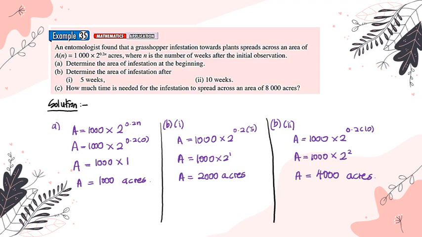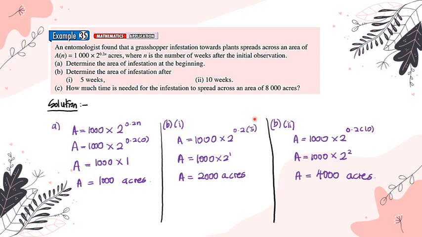So the solution for the first one, we write down the equation function, which is A is equal to 1000 times 2 to the power of 0.2n. And when it says at the beginning, that means n is equal to 0. So we substitute 0 into n, and we will get area is equal to 1000 acres.